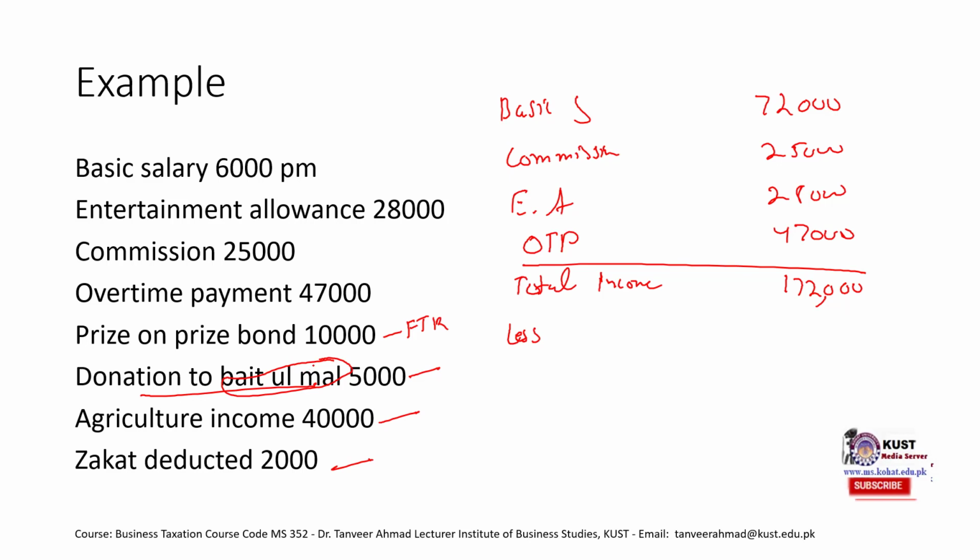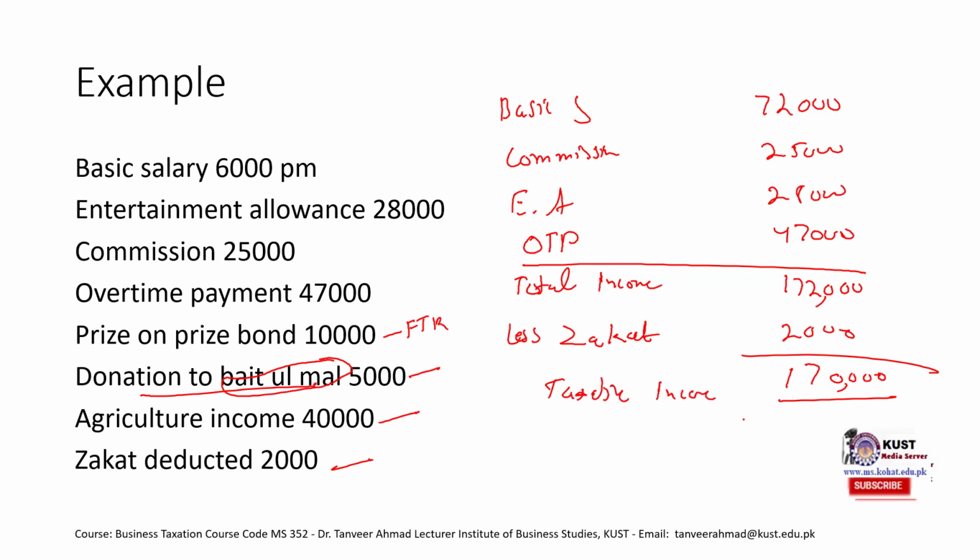So this deduction is not allowed. Remember, only donations that are made to the institutions that are in Schedule 2 are allowed as deduction. So we are left with zakat. This is 2,000 rupees. So we have 1,70,000 rupees. This is our taxable income.